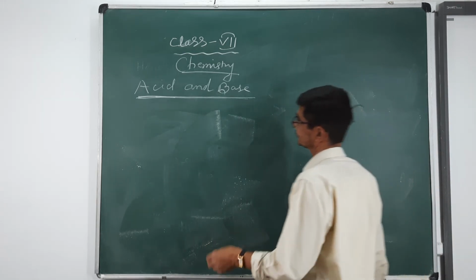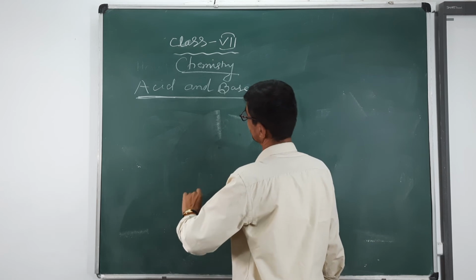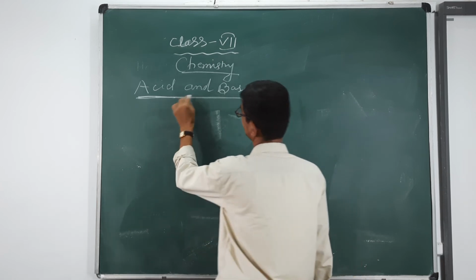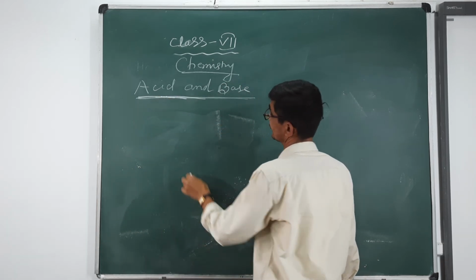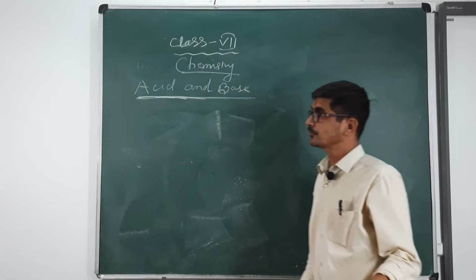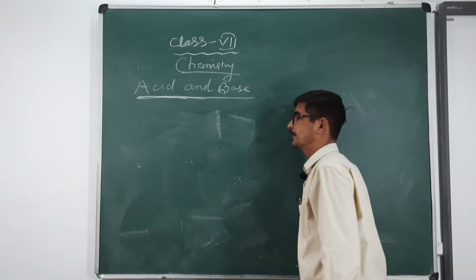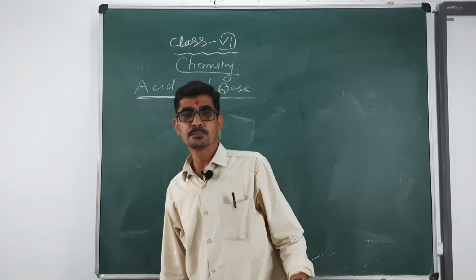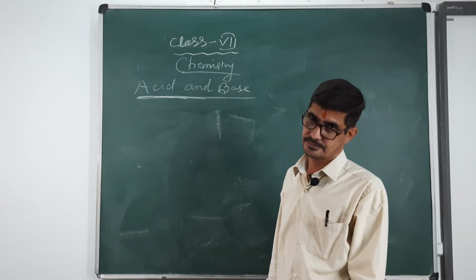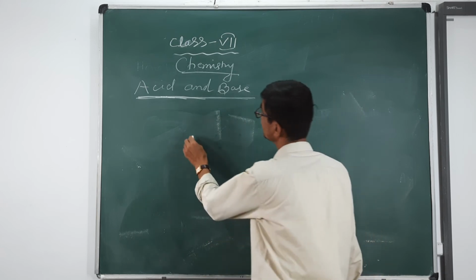Now next is the test for acid. Acid turns blue litmus to red.